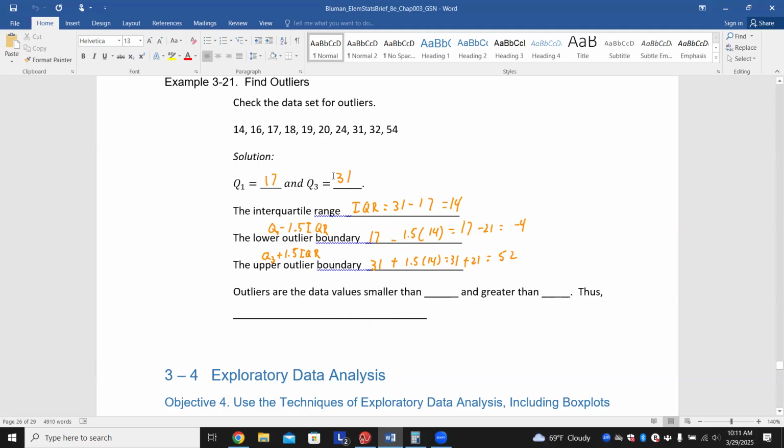So when we look at this data, outliers are the data values smaller than -4 and greater than 52. Obviously, I don't have any negatives, so there's no low outlier, but I do have a 54. It is outside of 52, so the outlier here is 54.